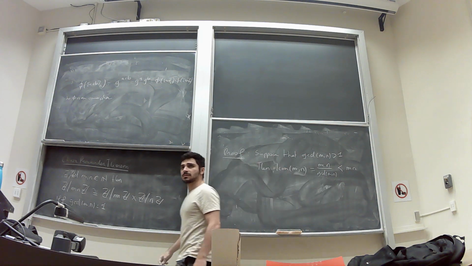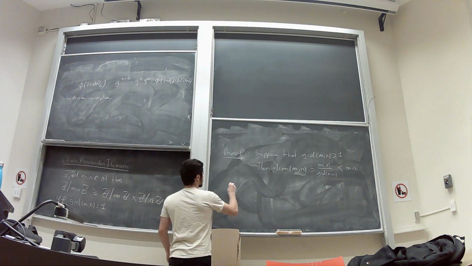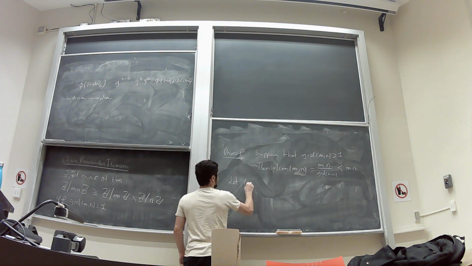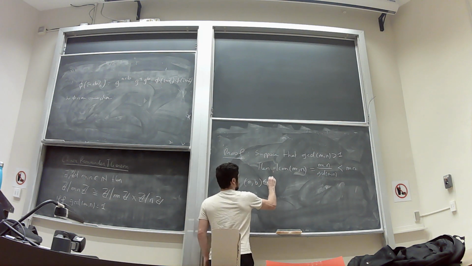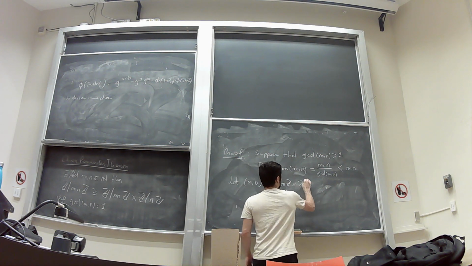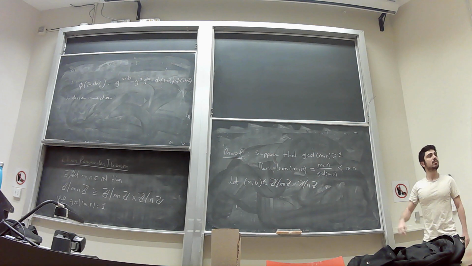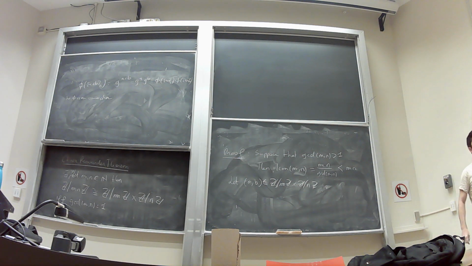Agree? Now, if you take any element in Zm cross Zn, and you multiply by a common multiple of m and n, it will get annihilated to 0, right?